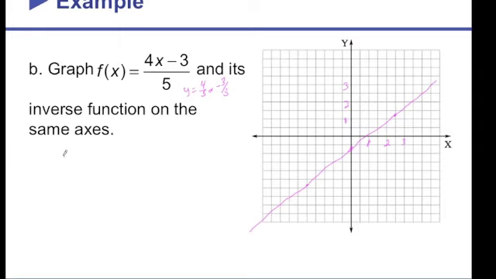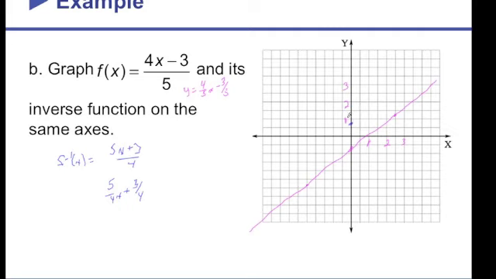Now, I remember from the previous page that f inverse was 5x plus 3 over 4, so that would become 5/4 x plus 3/4. So my inverse's y-intercept will be at 3/4.